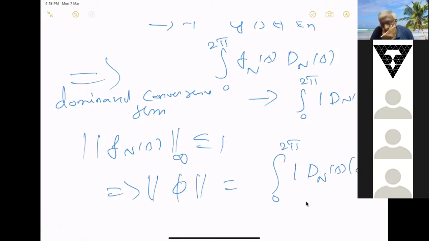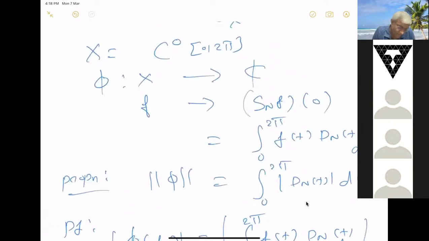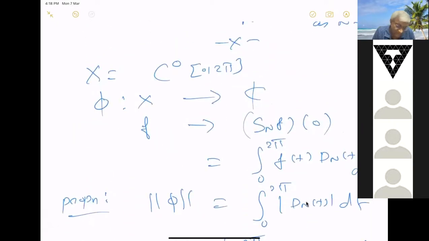Is this fine? Let me recall what I have done. I have a Banach space C0, 0 to pi, of all continuous functions whose values at the endpoints coincide. Then I define a linear functional, which is the partial sum of the Fourier series, SNF at 0.